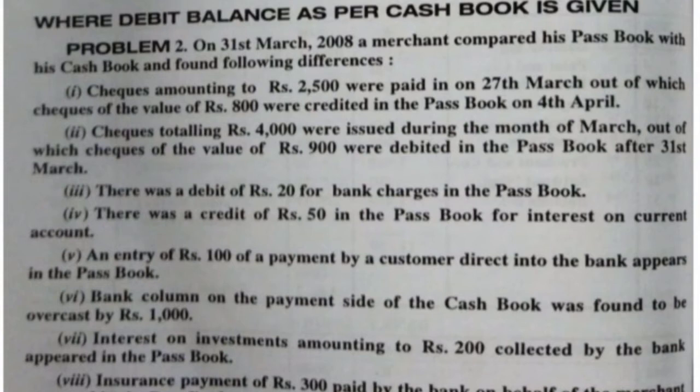Let us start with the first bit: checks amounting to rupees 2500 were paid in on 27th March, out of which checks of value 800 were credited in the passbook on 4th April. So on 4th April, the amount of the check, that is 800, was credited in the passbook. We need to understand whether the passbook is showing increased or decreased balance.